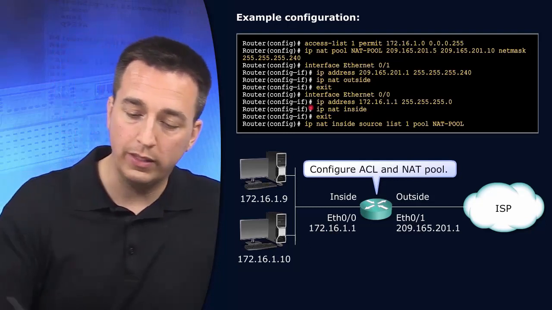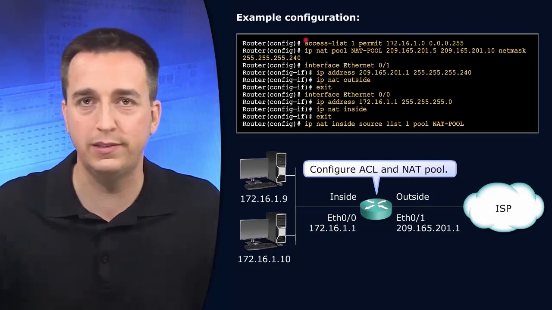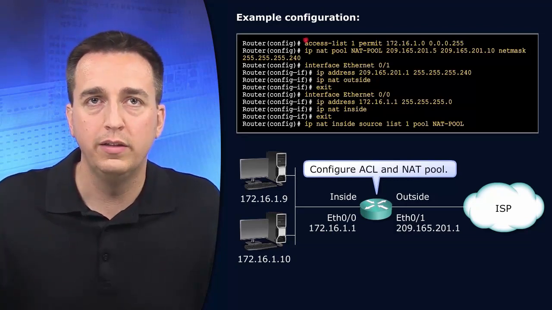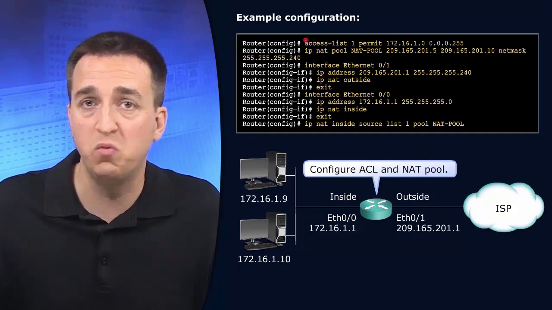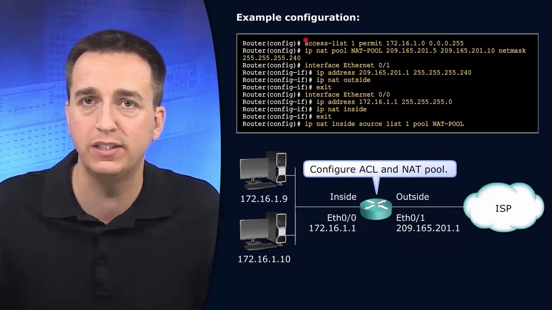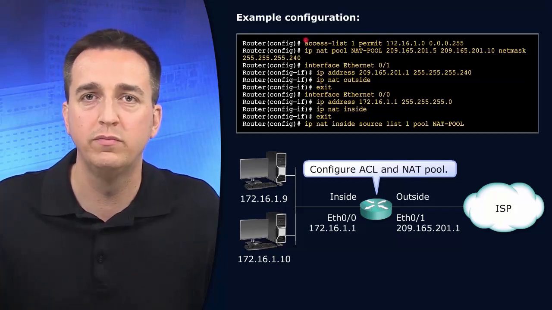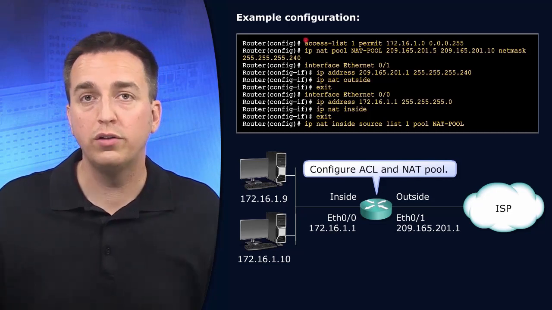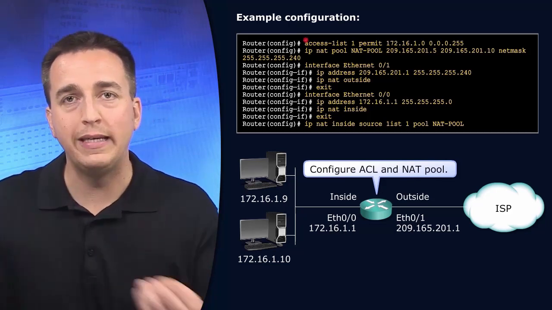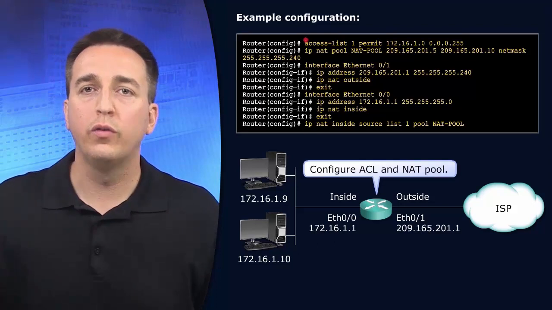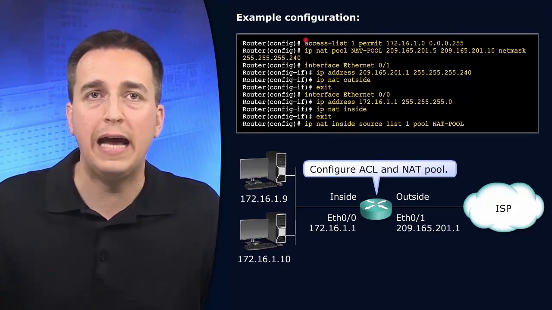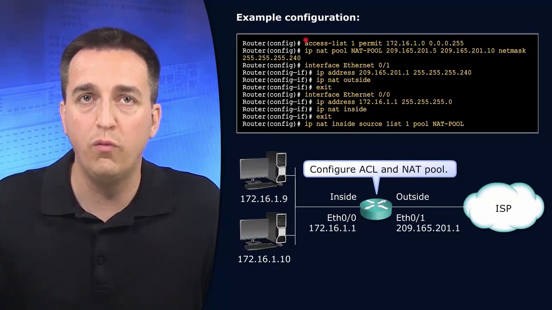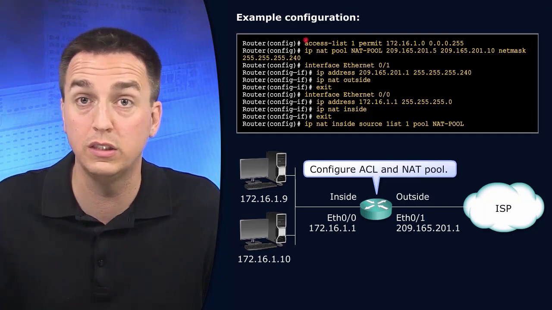The private pool is simply identified by an access control list. In this example, it's a standard access control list that is saying 172.16.1.0 through 172.16.1.255, and it's a permit. So as a result, when we are performing NAT, the router takes a look at the source IP address and says, does it fall within this range of 172.16.1.0 through 172.16.1.255?